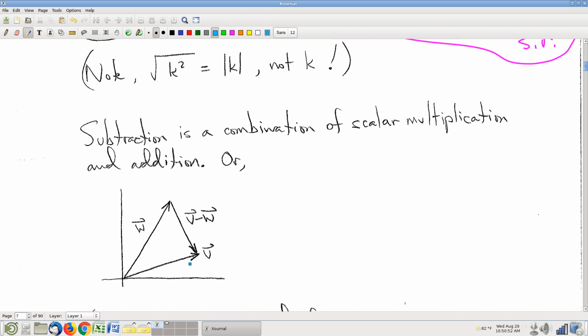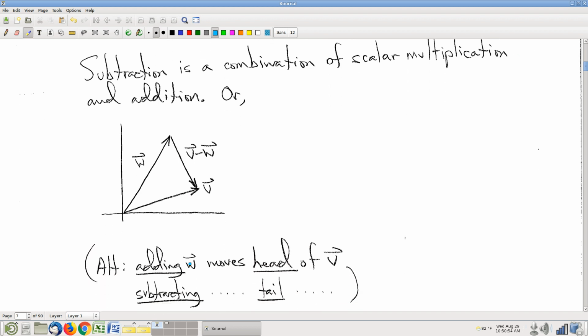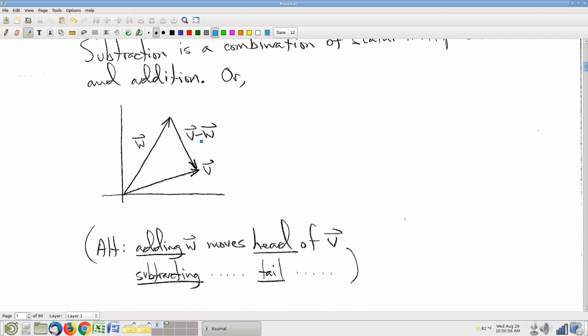There are different ways you can think about this. Obviously, you can think of this as v plus the negative of w. By the way, a negative just turns the direction around backwards. Easy to motivate. So that's one way to think about it. Here's a different way, just an alternative.